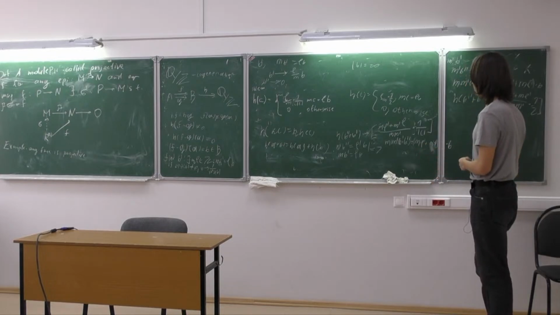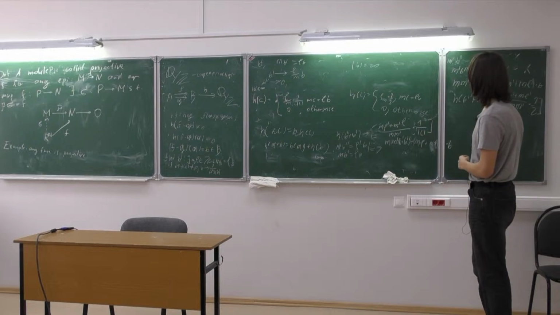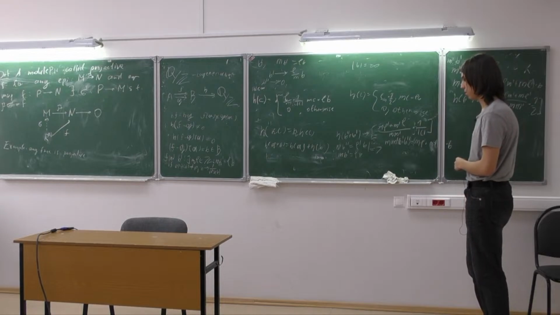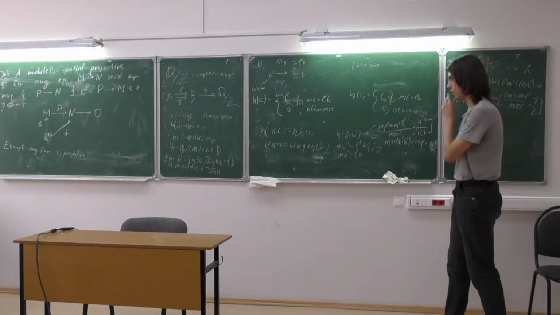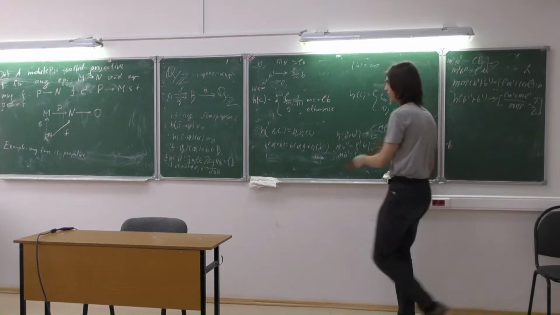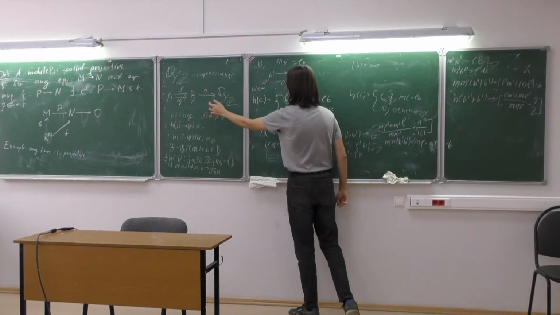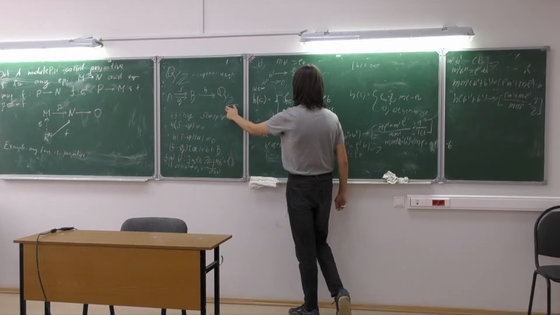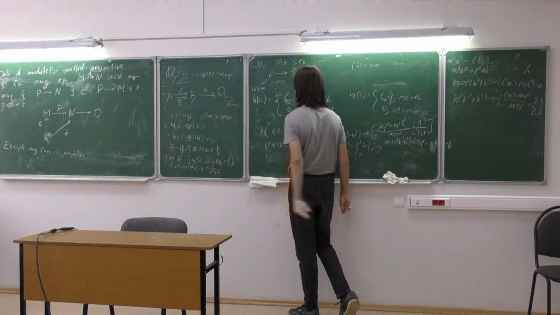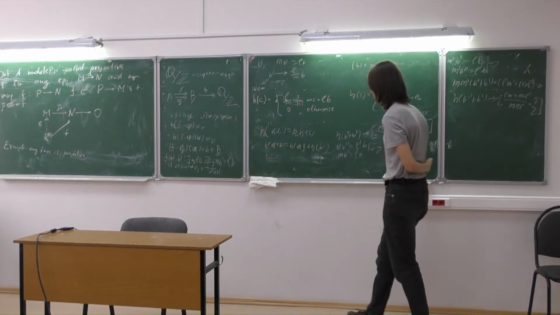And so in all cases we constructed such a map that it is non-zero on this element, and so this ends the proof that Q over Z is a cogenerator.